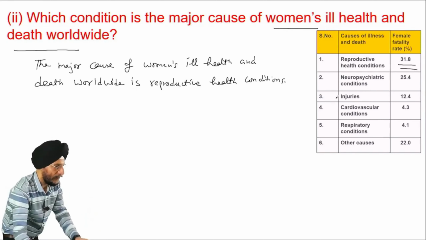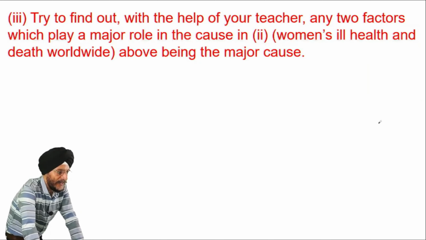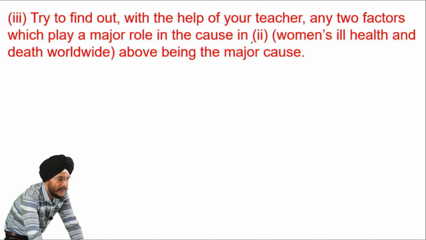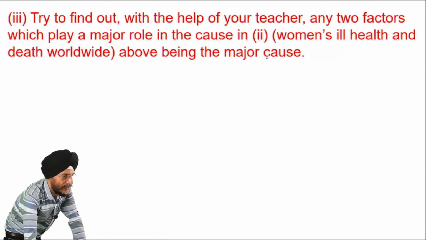Now next, try to find out with the help of your teacher any two factors which play a major role in the cause of women's ill health and death worldwide, above being the major cause.